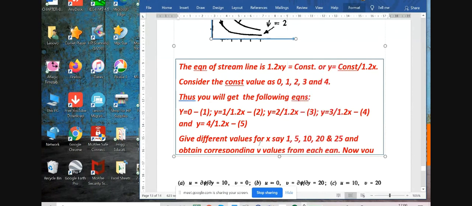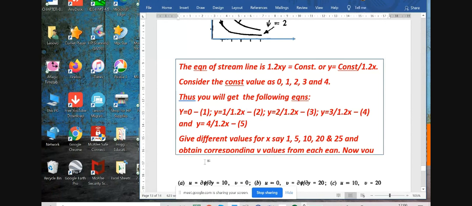Then you take the second equation, y equal to 1 by 1.2 into 1. So next value of y, so you will get a set of xy coordinates from this equation, and one xy from this equation.